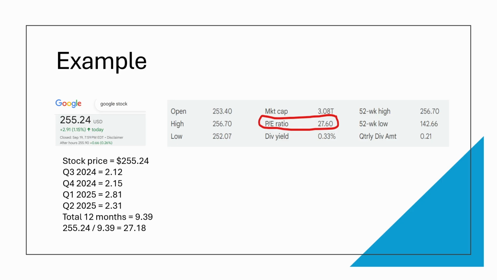Now, let's divide $255.24 by $9.39. We get a ratio of 27.18, which is approximately what Google search is also showing. So next time you see a PE ratio, you know how it is calculated.